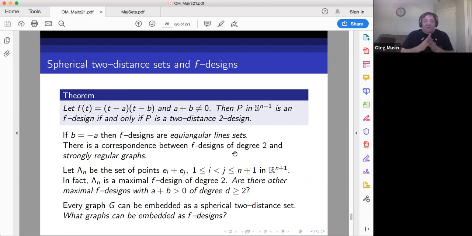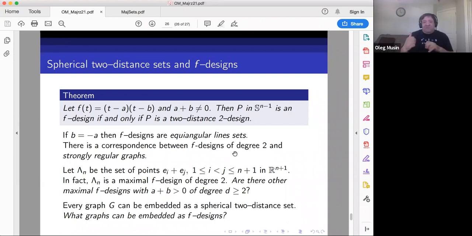And the last problem is also very interesting for me. Any graph can be embedded in the sphere as a two-distance set.